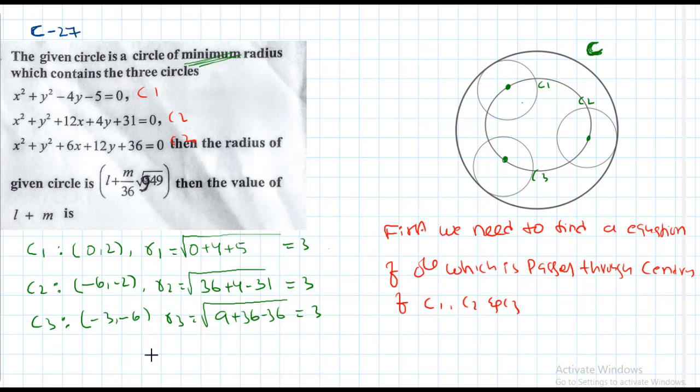Let it be x square plus y square plus 2gx plus 2fy plus c equal to 0. So this is 1. On the circle, C1 is there, C2 is there, C3 is there. By using that, you can find the values of g and f and c.